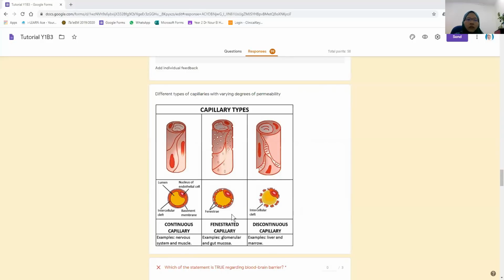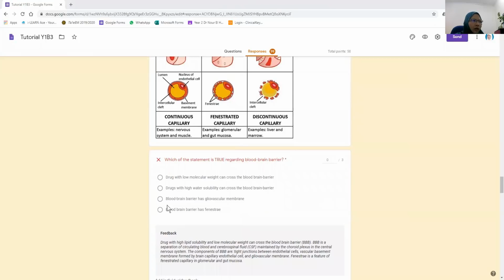So they have different types of capillary permeability, right? Because I think I asked here, blood-brain barrier has fenestrated. This is false, right? The blood-brain barrier has continuous capillaries. It doesn't have fenestrations. Okay, that's why it is wrong. I just put the wrong answer there.